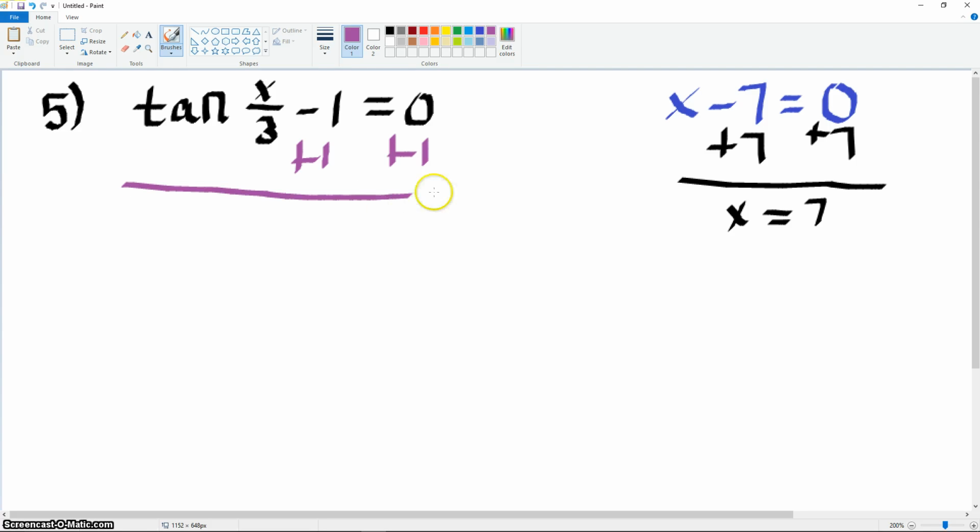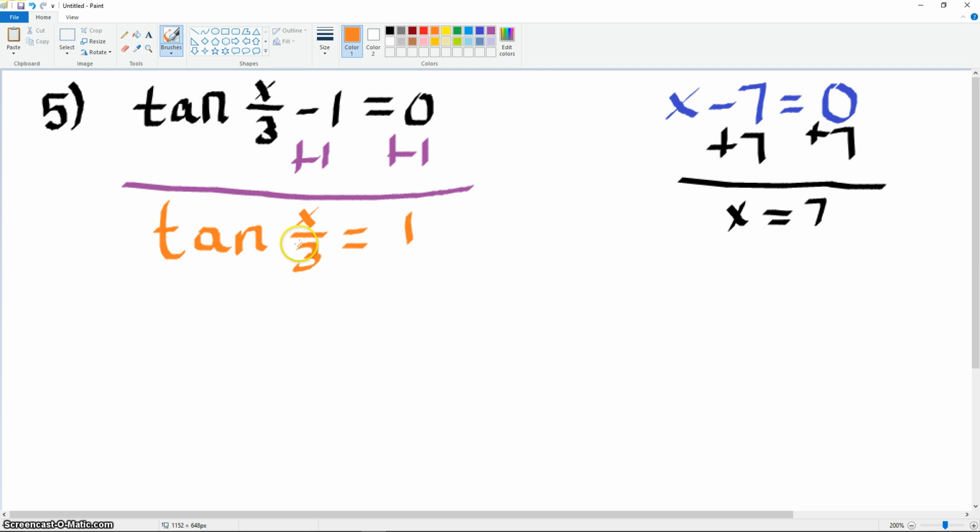So we therefore have the tangent of x over 3 is equal to 1. Now we have a little bit of a problem because we're not used to having x over 3 like this.